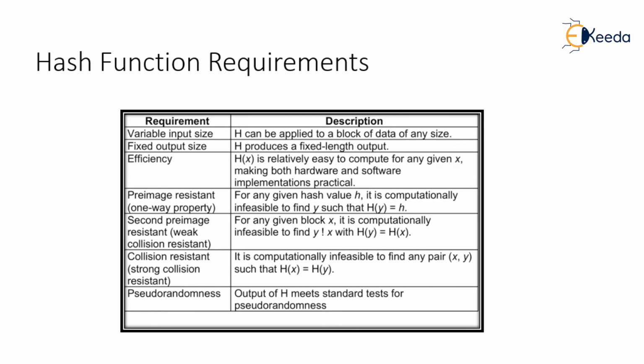So these are some of the basic requirements which the hash functions need for their proper implementation to maintain security and to provide proper encryption processes to the data, to the message.